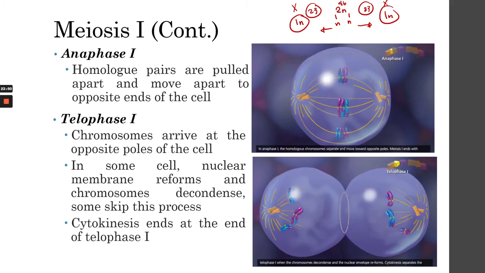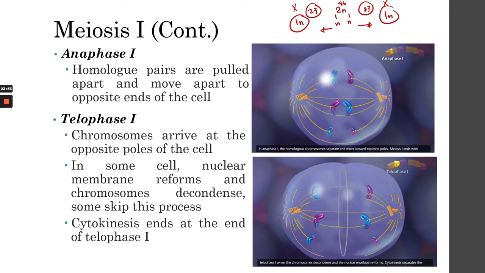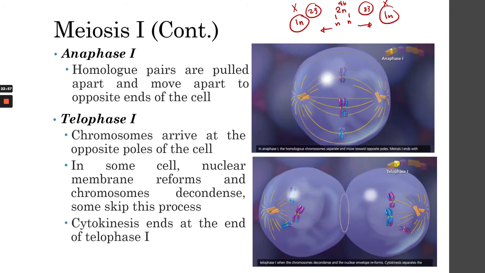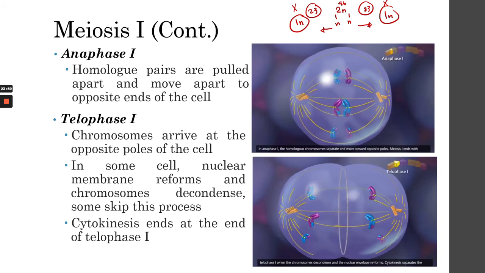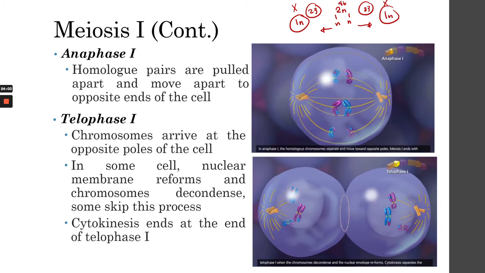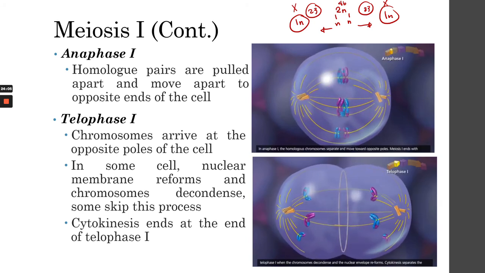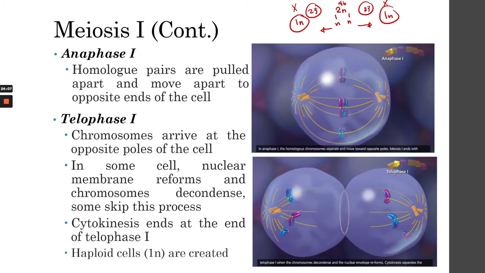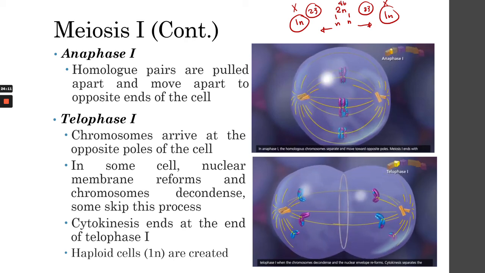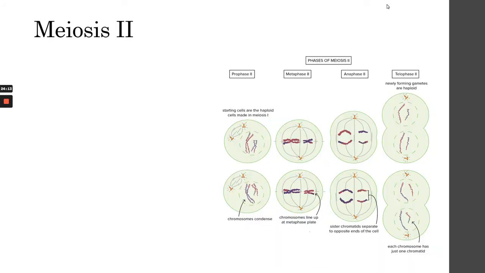These sister chromatids are what we separate during mitosis. So now we're basically entering a stage similar to mitosis, but the cell is already 1n, not 2n. Okay, so we already created haploid cells, or the 1n cells are called haploid cells.